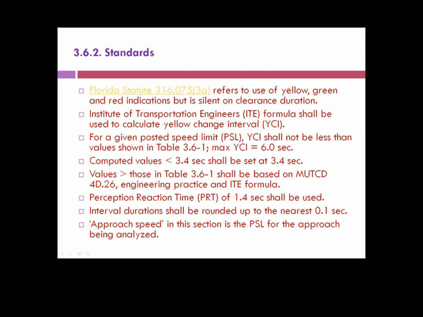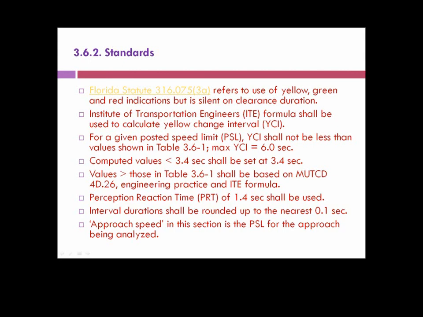And for a given posted speed limit, the yellow change interval, as I said before, should not exceed 6 seconds, and it is provided in table 3.6-1, which I'm going to show in a minute for you.